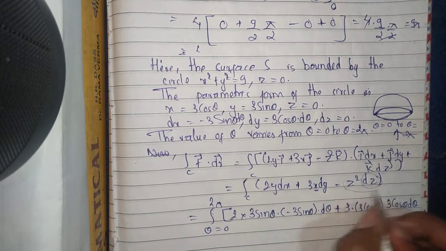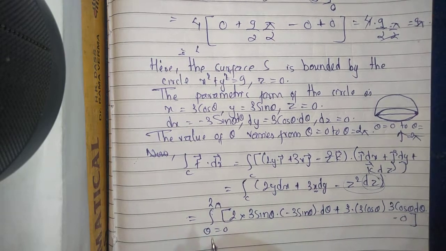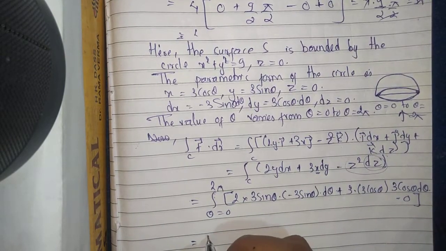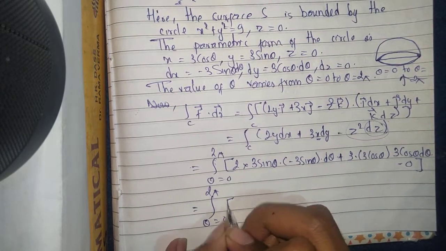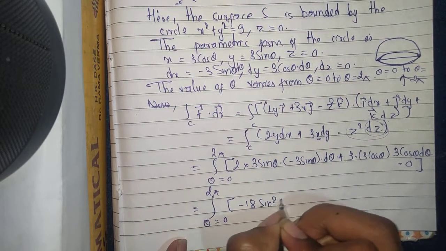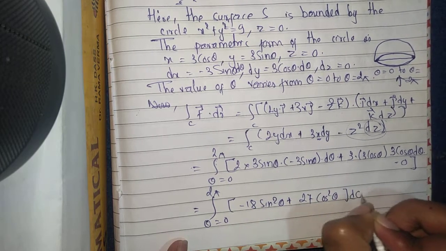So overall this term equals 0. Here we get the integral from theta equals 0 to 2 pi of minus 18 sin squared theta plus 27 cos squared theta d theta.